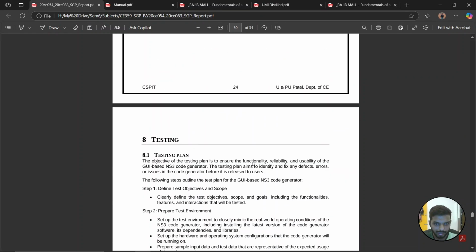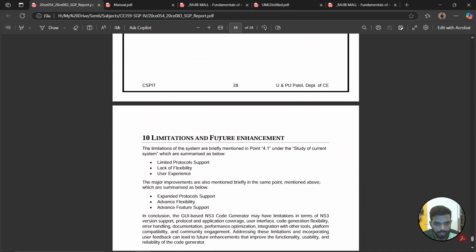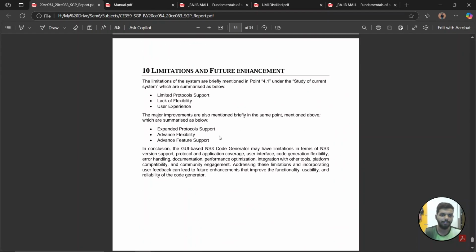And you know what are the limitations that we have mentioned? So these are the limitations. Limited protocol support. Yes, because it was only point-to-point topology, and obviously we didn't automate anything else. The second point, lack of flexibility.